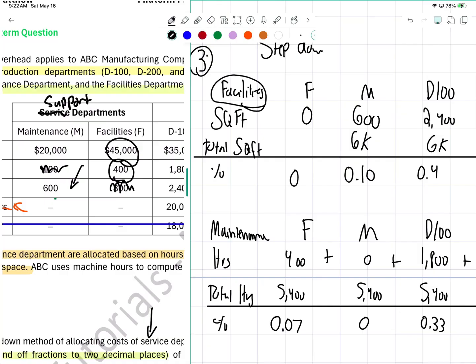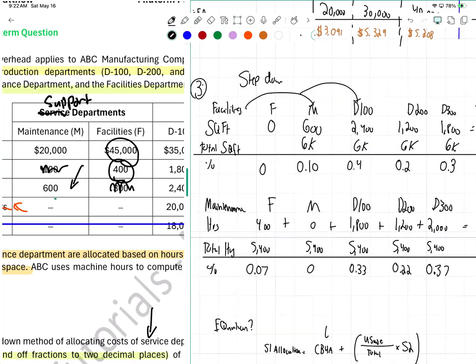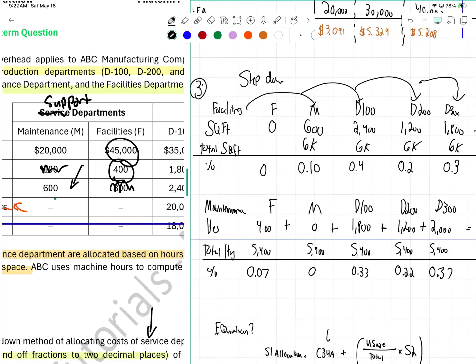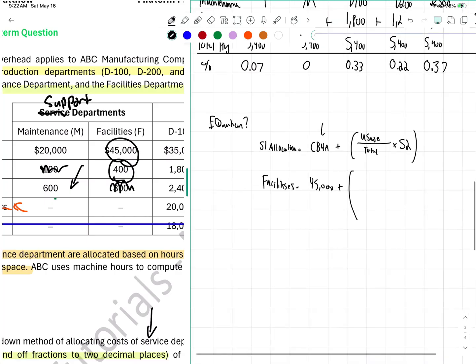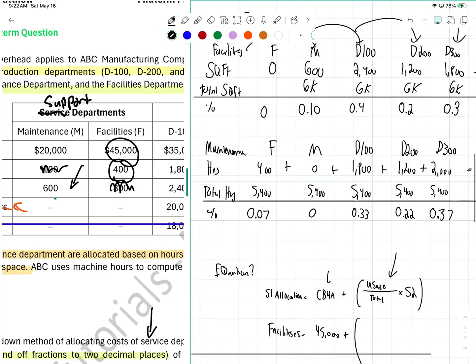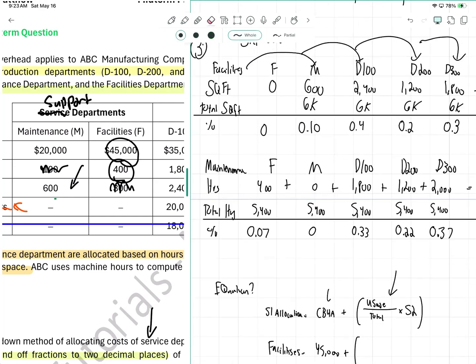Because the facilities allocation just basically tells how much facilities helps everyone else. The facilities allocation shows how much facilities helps the other departments. But when we're trying to figure out how much facilities uses, we have to look at the other support department's proportion matrix, because the other support department's matrix tells how much they help the other departments.